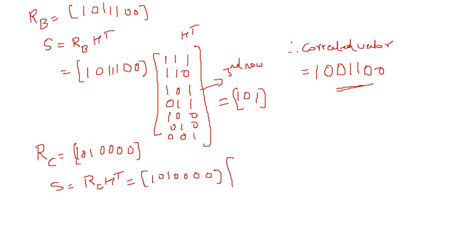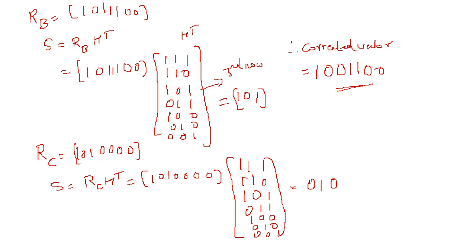We'll multiply it with the H transpose matrix, which is 1, 1, 1, 1, 1, 0, 1, 0, 1, 0, 1, 1, 1, 0, 0, 0, 1, 0, 0, 0, 1. After the matrix multiplication, and remember that you are going to do the mod operation, it will be equal to 0, 1, 0.